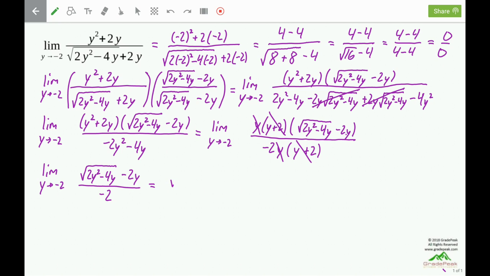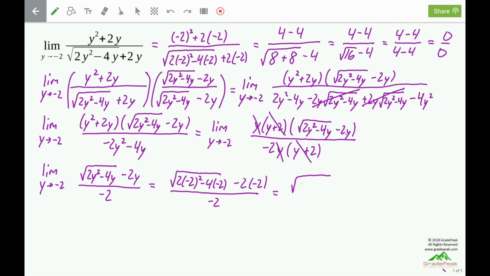We can now plug a negative 2 in for each of the y's. So I will have 2 times negative 2 squared minus 4 times a negative 2 minus 2 times a negative 2, and then all of that divided by a negative 2. It'll look a little messy at first, but it should simplify pretty nicely.